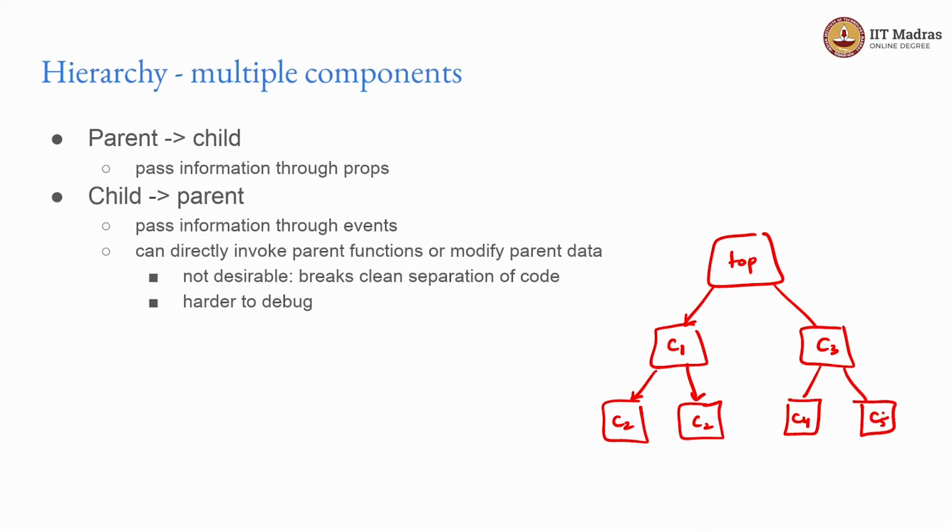What could these components be? Maybe this top level component corresponds to an entire page. This might correspond to, let's say, navigation. This might correspond to the main body. This might be a header, a footer. Inside the navigation there could be a sidebar. So these are just options that I have over here.